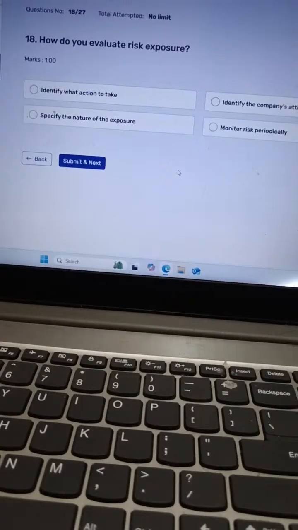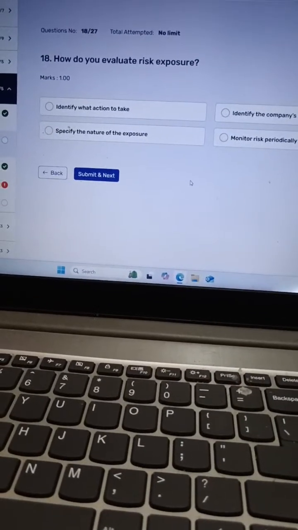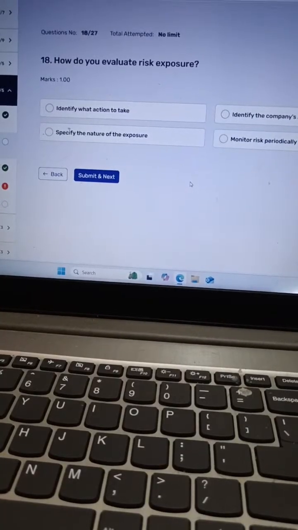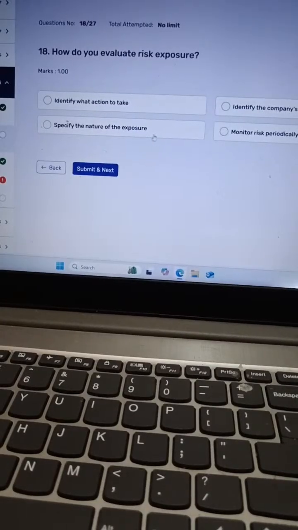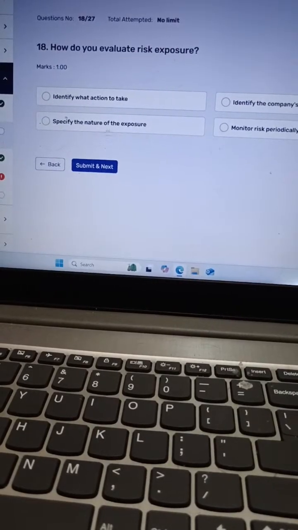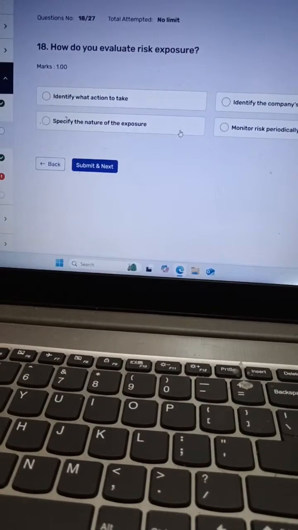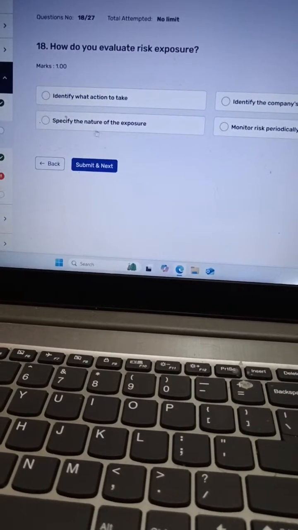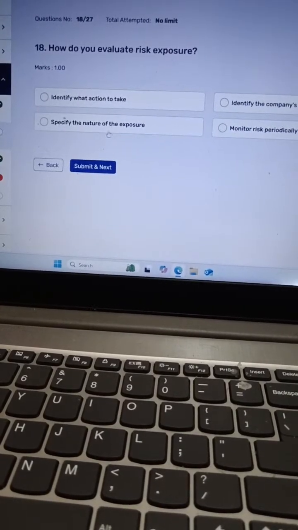Identify is not the right option. Identify the company's attitude to risks. Specify the nature of the exposure. These two are the possible options. Identify the company's attitude to risks. Evaluate the risk exposure. Specify the nature of the exposure.